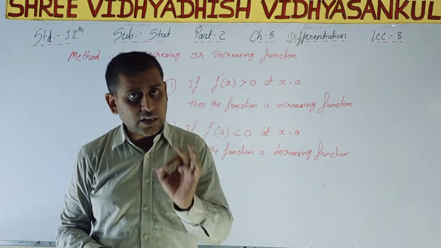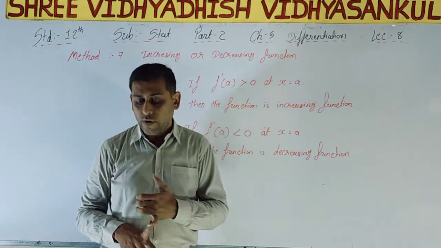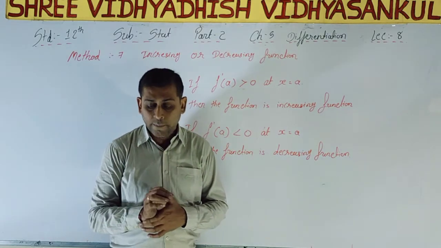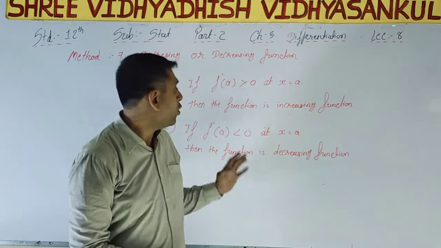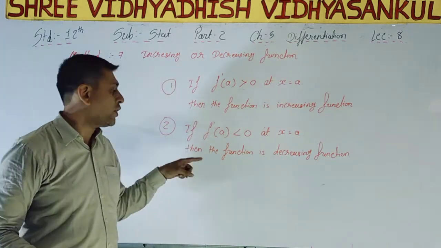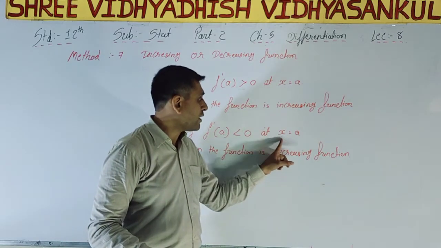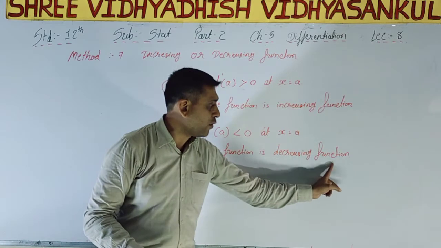So we can write that if the function is decreasing at x is equal to a, then f dash a is less than 0. Or in the reverse form, if f dash a is less than 0 at x is equal to a, then the function is a decreasing function.